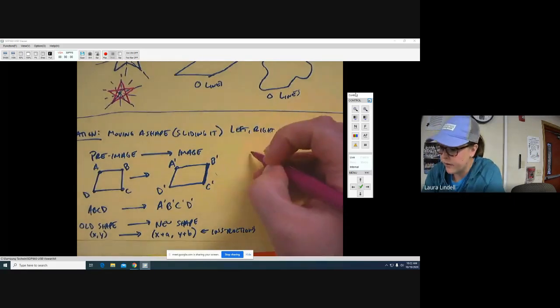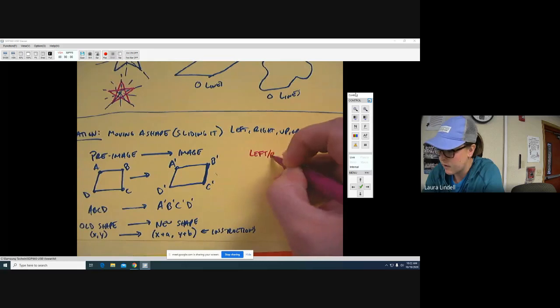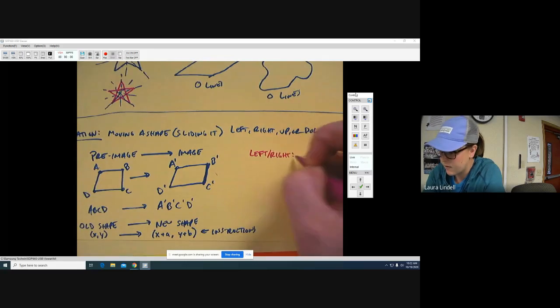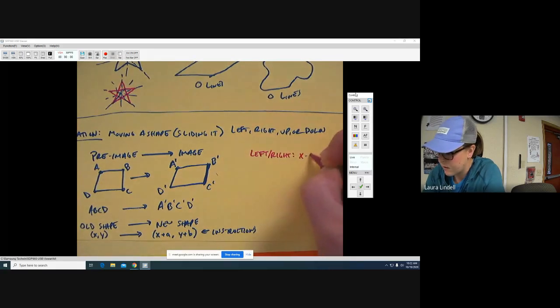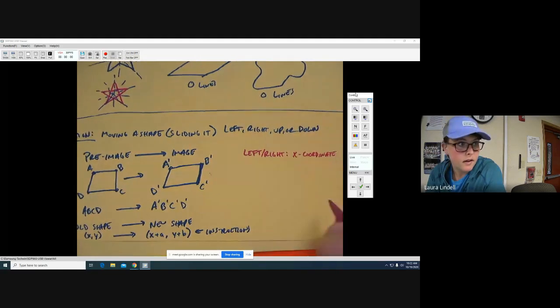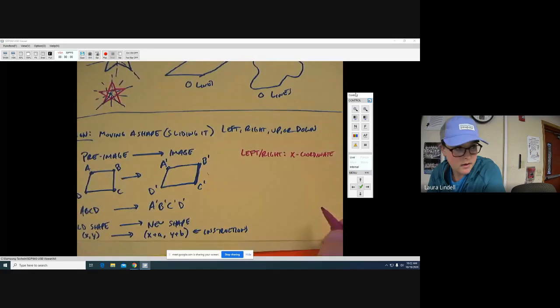So anything that's moving it left to right is going to be with the x coordinate. If I want to move something to the left, I subtract from x. If I want to move it to the right, I add to x.